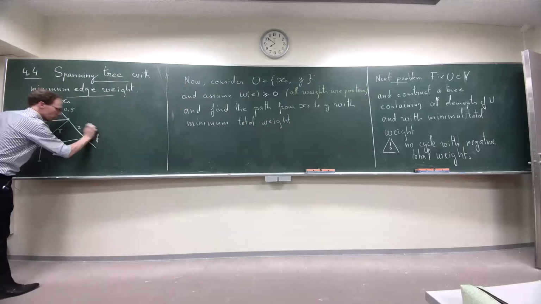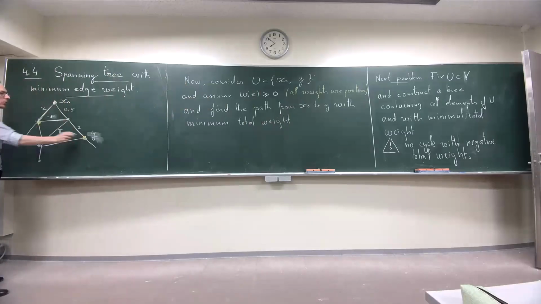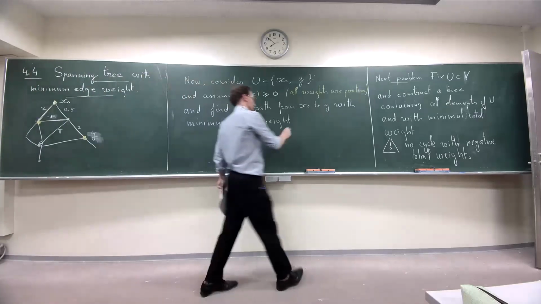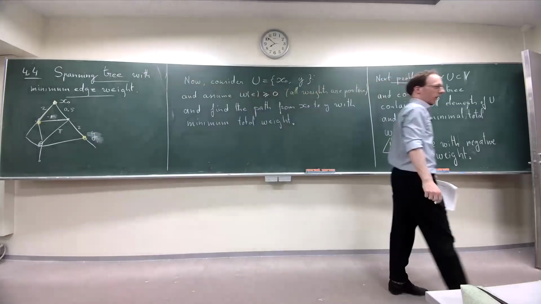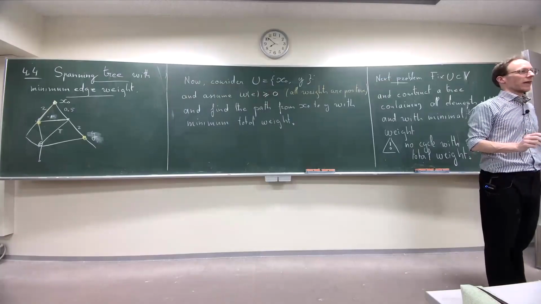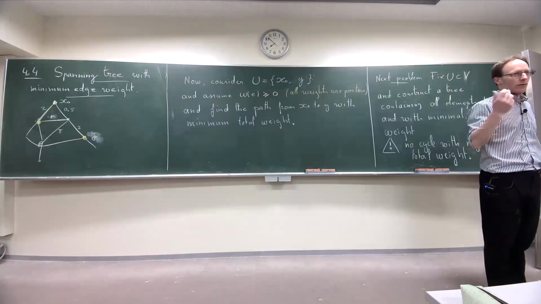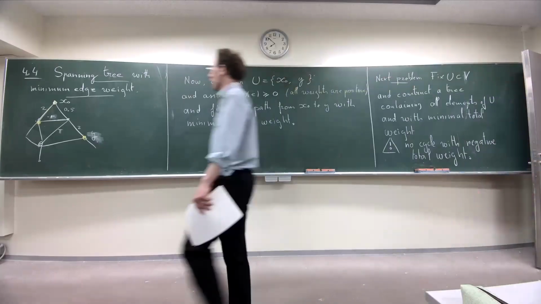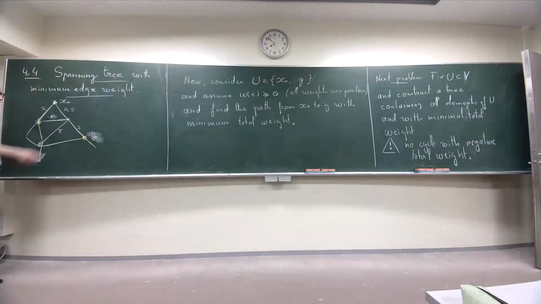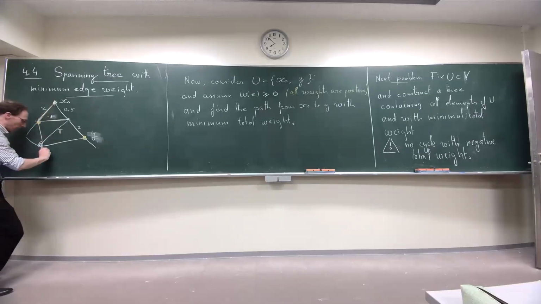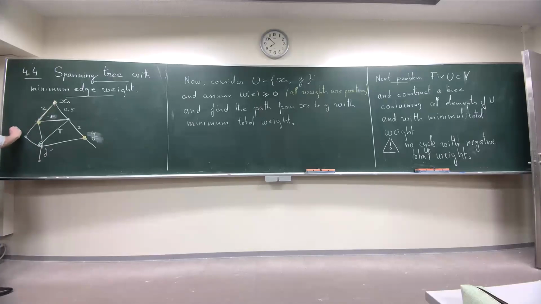So I want to go from x0 to y, with a path having the minimal total weight. How can I do it? And how can I do it in a clever way? Which means I'm not going to fix y. I want to do it simultaneously for all y, because we will see that it's meaningful not only to fix this y, but also look for the other path from x0 to y prime, and from x0 to y second prime.